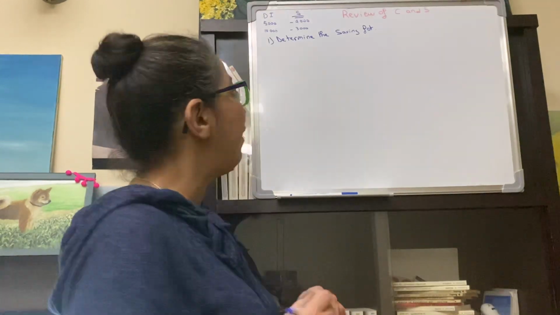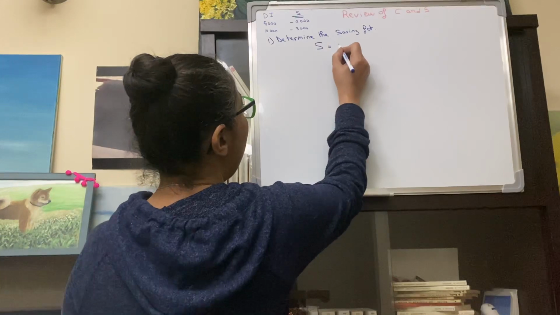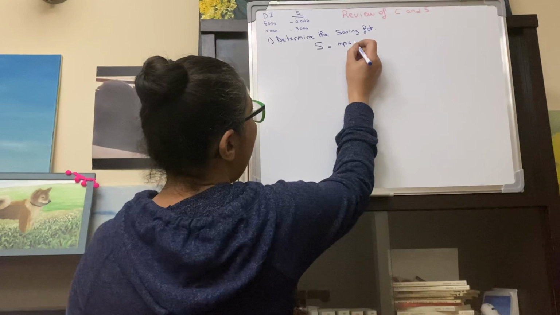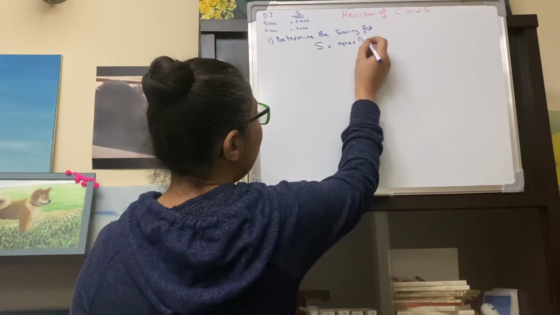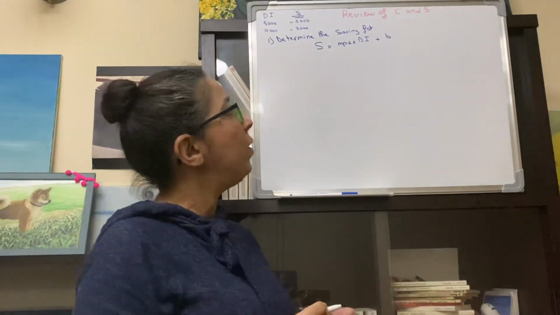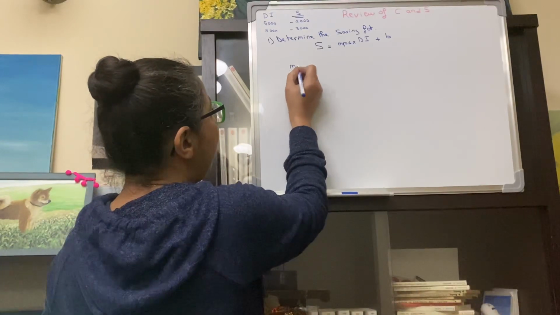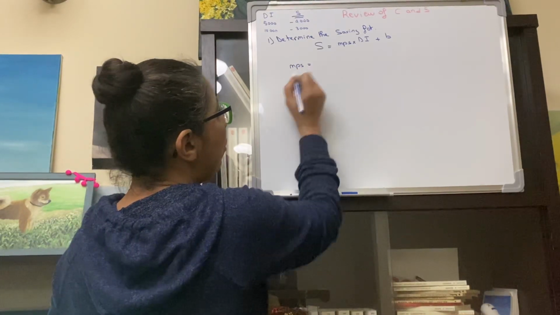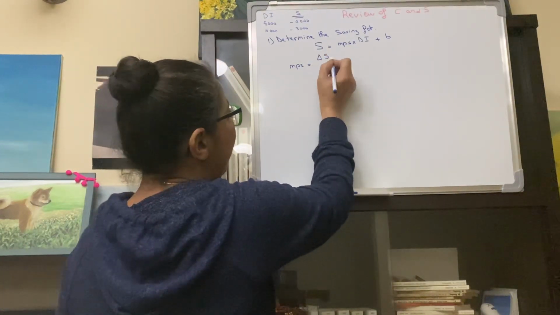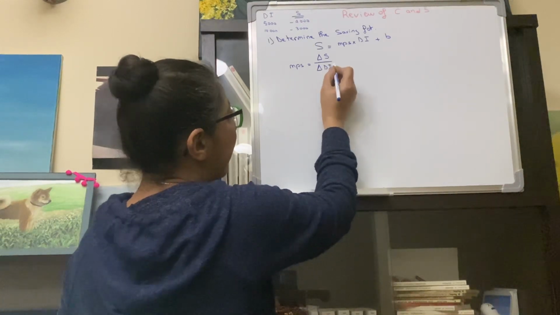We know that the saving function is written as shown here. So saving is equal to MPS times DI plus a constant B. So first we have to determine MPS. MPS is equal to my change in saving over my change in DI.